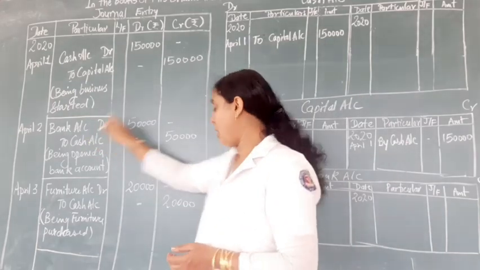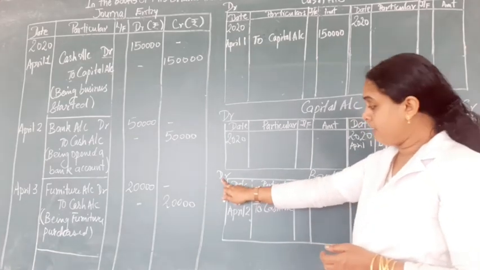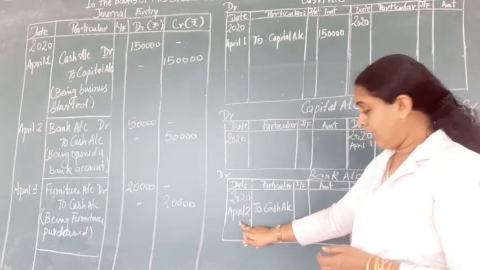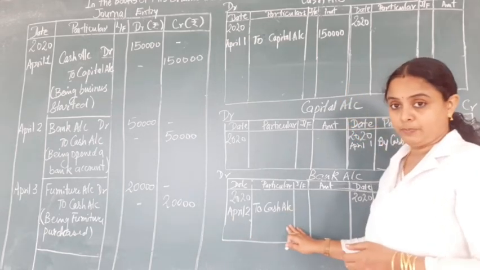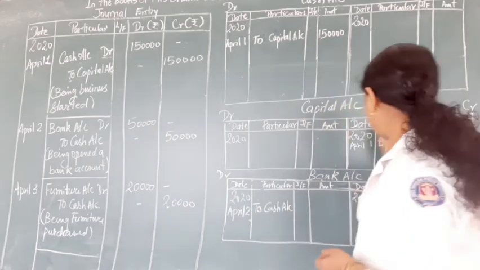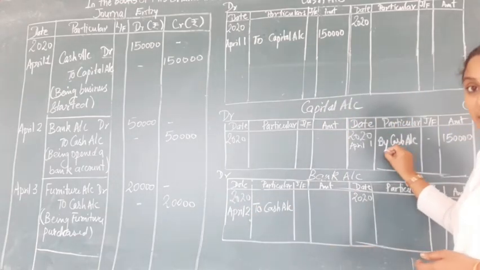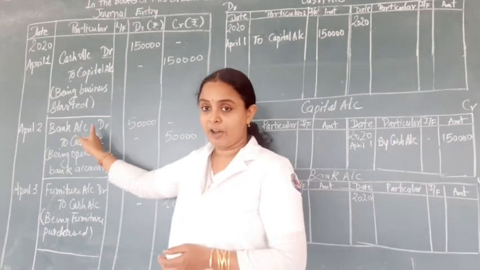Okay. So bank account is debited. This is the bank account and this is its debit side. We will write here the date first, April 2, to cash account. Debit side is always represented by "To" and credit side is represented by "By." Okay, remember it. So your debit aspect has been recorded.